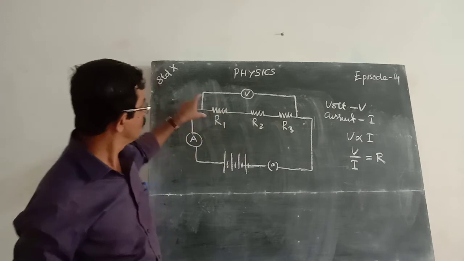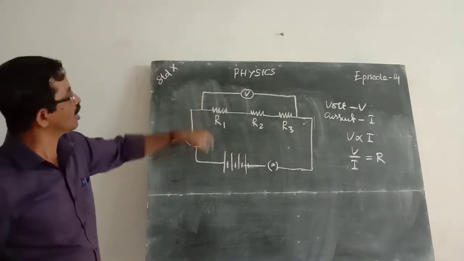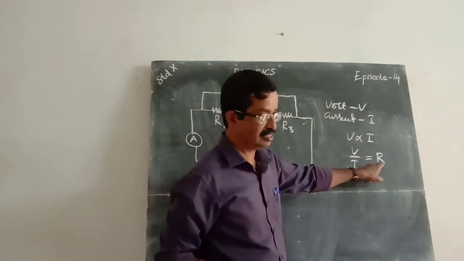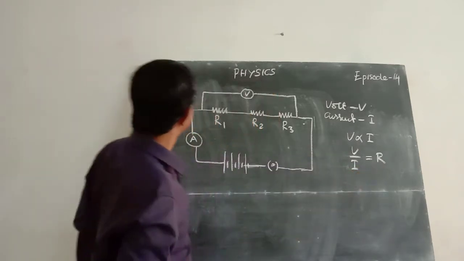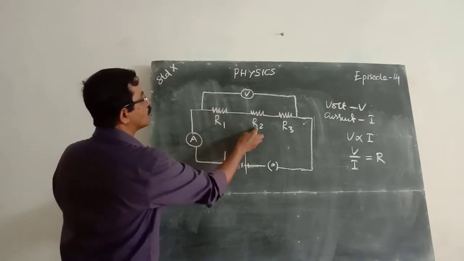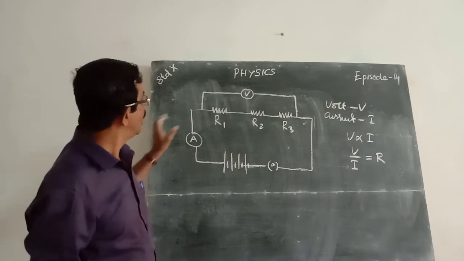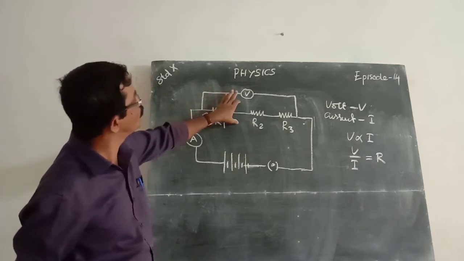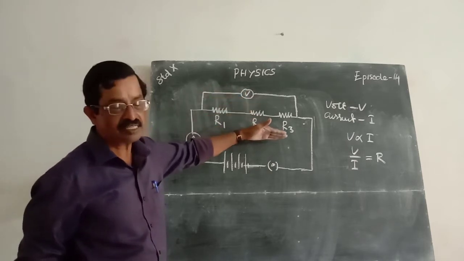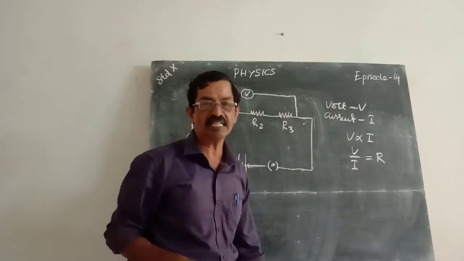Now to find current, we know from V by I is equal to R. See, if you replace this R1, R2 and R3 and give another resistor of resistance equal to the sum of these together, then also the current we get is the same.